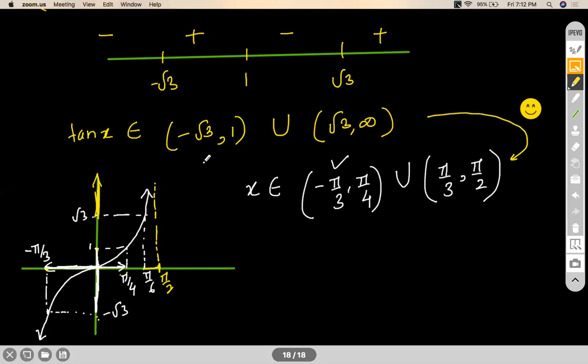Think as if this is your y, you have to write an x for it. So if you want to be from minus root 3 to 1, your x has to be from minus pi by 3 to pi by 4. And if you want to be from root 3 to infinity, your x should be from pi by, sorry, this is pi by 3, not pi by 3 to pi by 2, because at pi by 2, tan x will attain infinity, right?